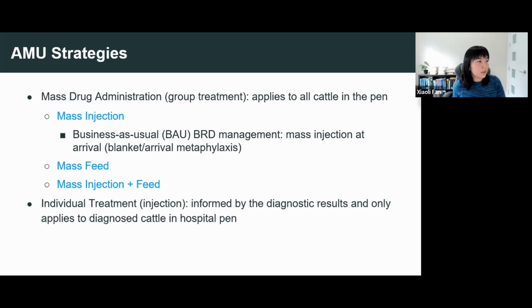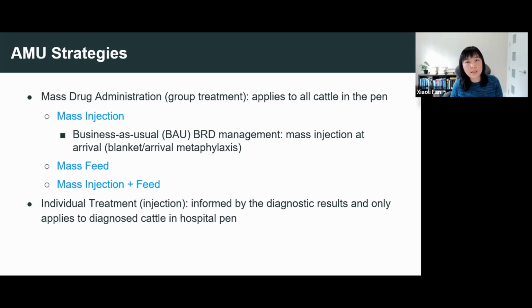There were three sub-strategies here. For the strategies in this group, all the cattle in the pen will receive antimicrobials. However, these 3 sub-strategies differ by the route of antimicrobial administration. It could be only injection, or only in feed, or a combination of those 2.